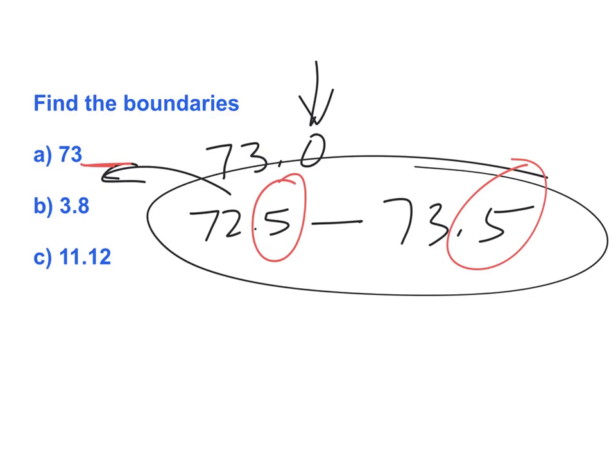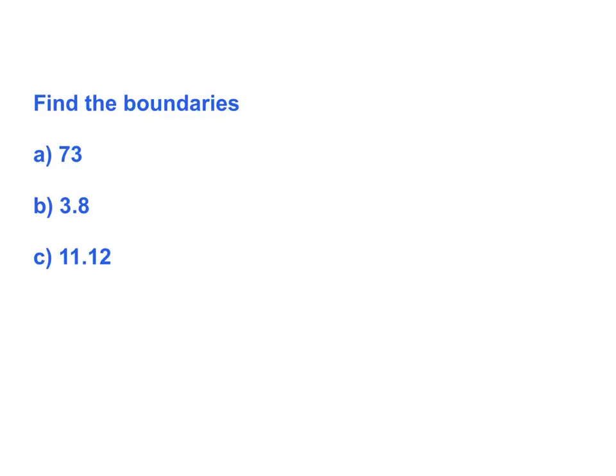So I've increased the decimal place by 1. So this is 3.75, a half a tick down. And what's the upper one going to be? 3.85.